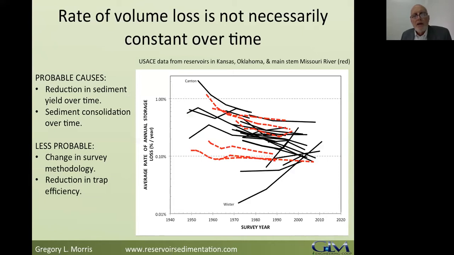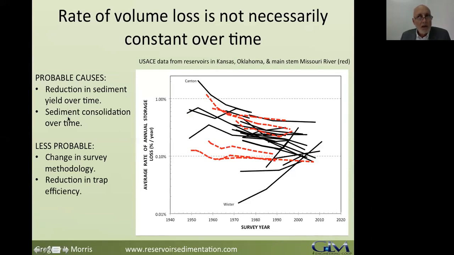These data, though, from the U.S. Army Corps of Engineers, these are from Midwestern reservoirs, Kansas, Oklahoma, and mainstream Missouri, the dotted red lines. And these show basically from the 1950s onward that there's been, in most sites, a trend of decreasing rate of sedimentation in reservoirs. Why? We don't know exactly, but it's probably reduction of sediment yield over time.